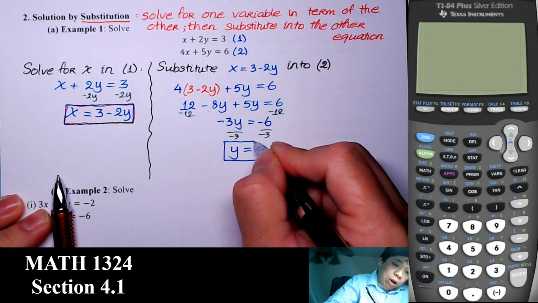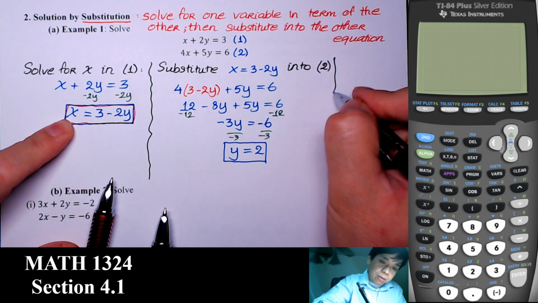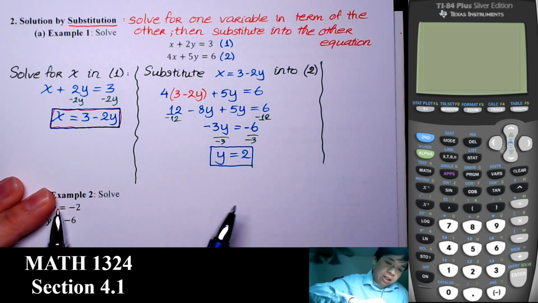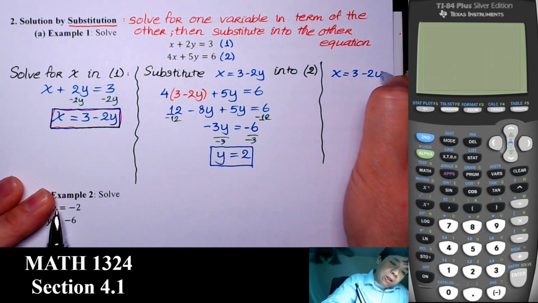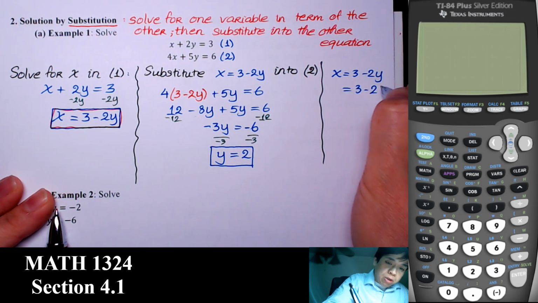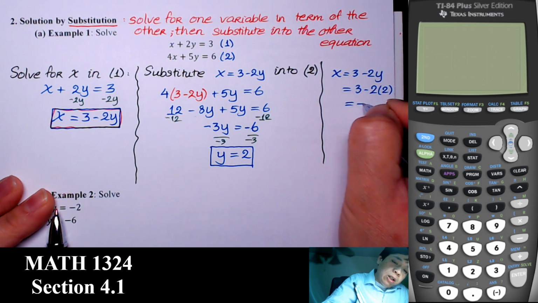Now that we know y equal to 2, the rest is easy. x equal to 3 minus 2y, and y is 2, so 3 minus 2 times 2, so 3 minus 4 is minus 1.